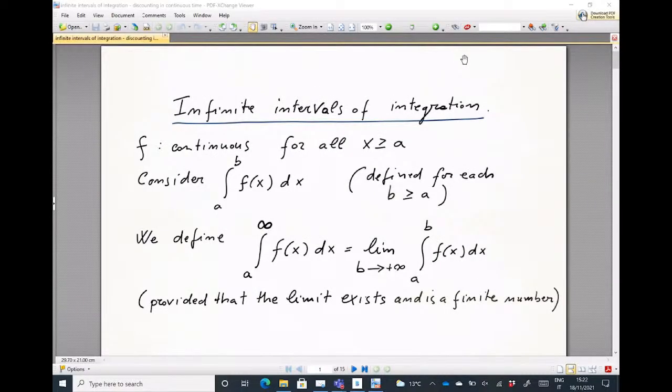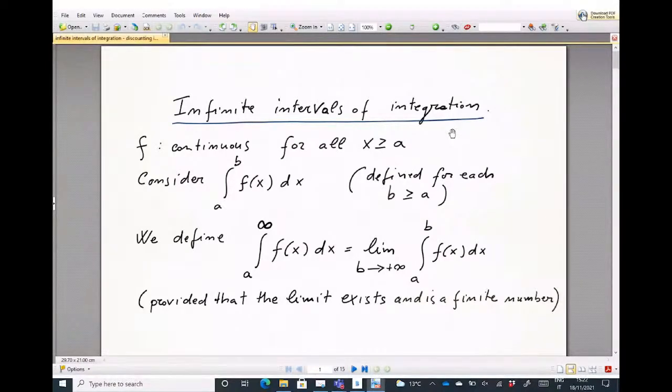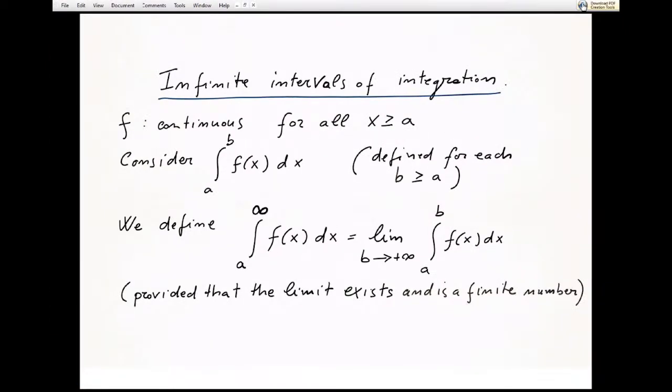Okay, so this part is quite important. It is computing definite integrals over infinite intervals of integration. Okay.